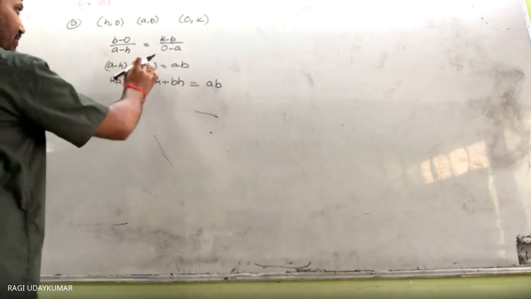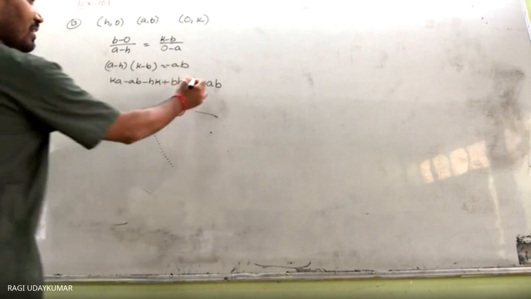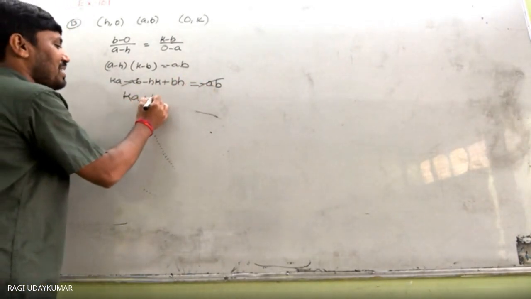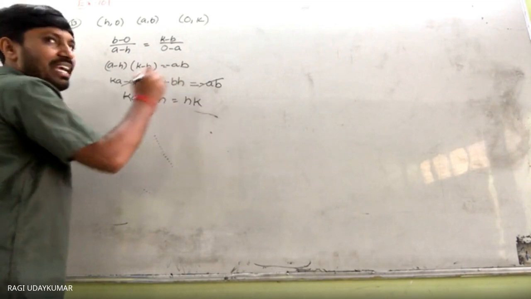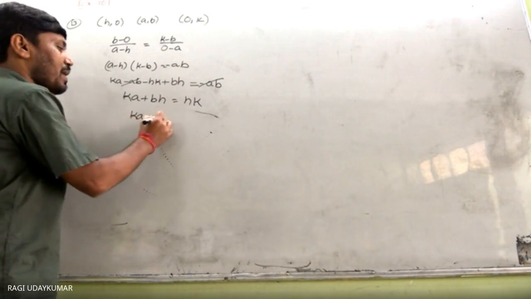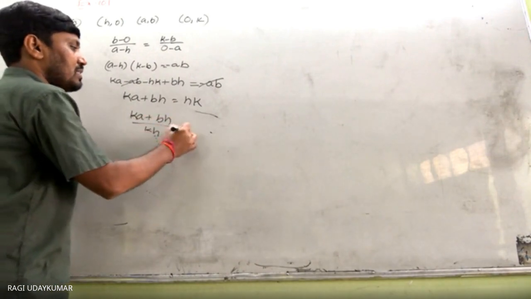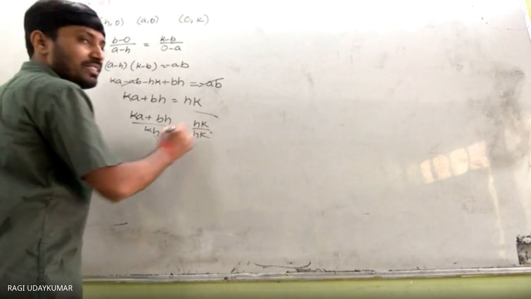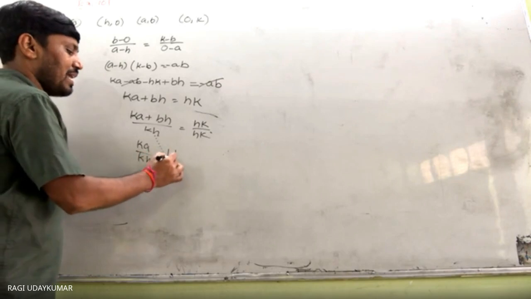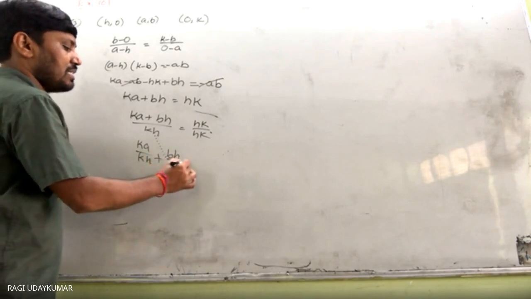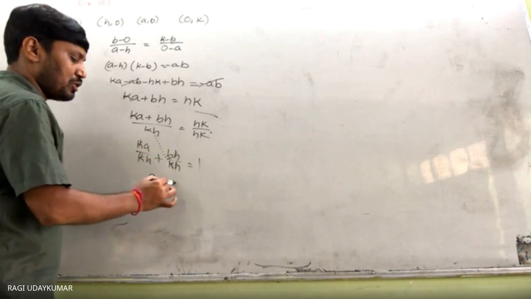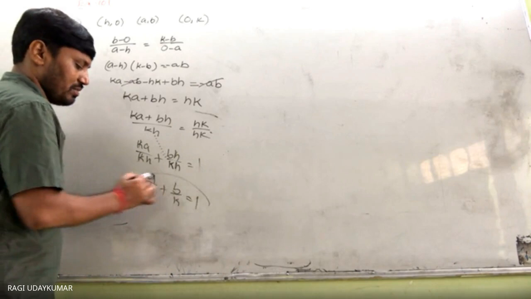So minus ab will also get cancelled. So we are going to get ka plus bh is equal to hk. Both sides divide by hk: ka plus bh by hk is equal to hk by hk. So we are going to get ka by hk plus bh by hk is equal to 1. K will get cancelled, here h will get cancelled. A by h plus b by k is equal to 1.